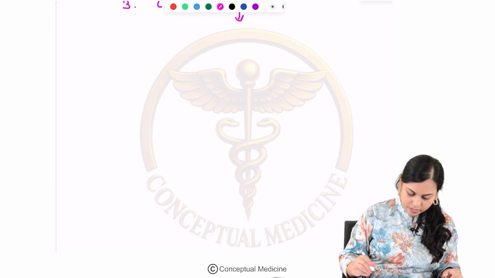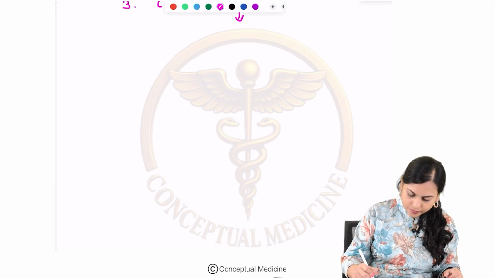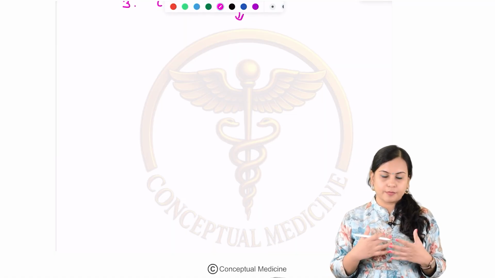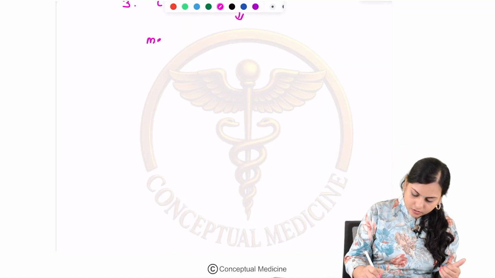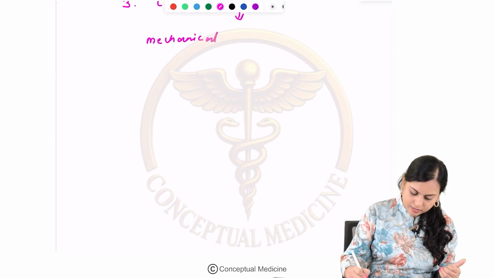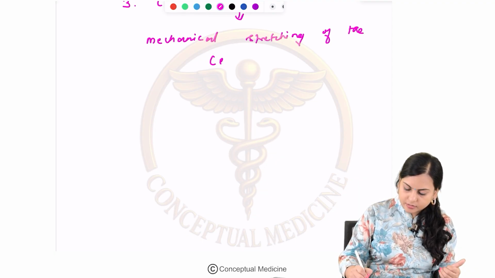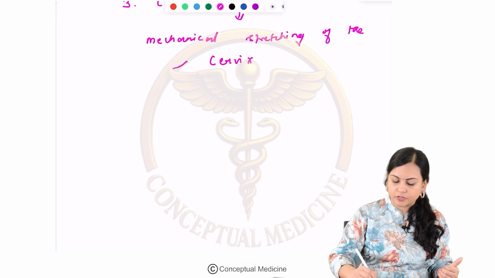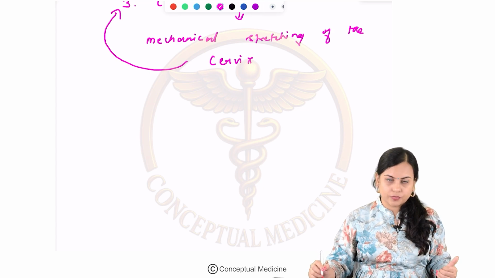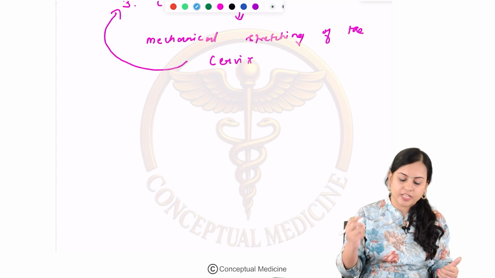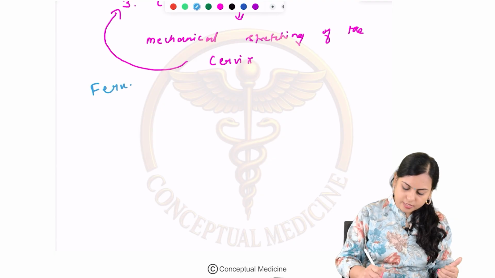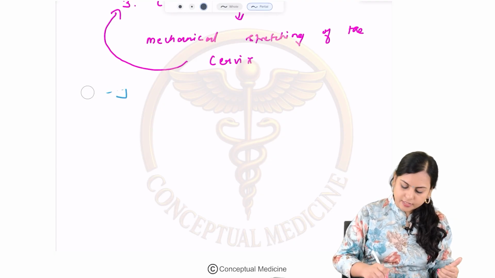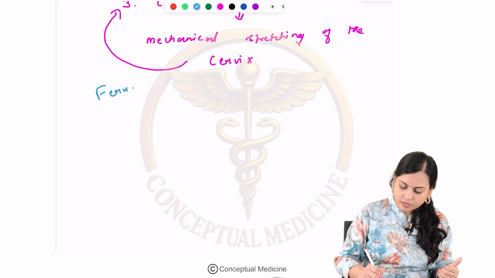Now, this cervical stretching is going to be caused naturally due to the contractions, but sometimes we can even cause a mechanical stretching of the cervix, and this will be acting vice versa. So, this will produce the uterine contractions now. Clear? So, this reflex is known as, yes, very good, the Ferguson reflex.